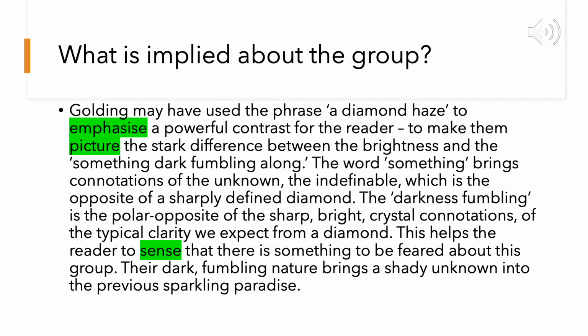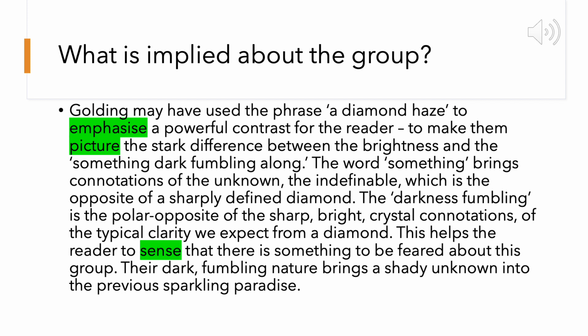The darkness fumbling is the polar opposite of the sharp, bright, crystal connotations of the typical clarity we expect from a diamond. This helps the reader to sense that there is something to be feared about this group. Their dark, fumbling nature brings a shady unknown into the previous sparkling paradise.